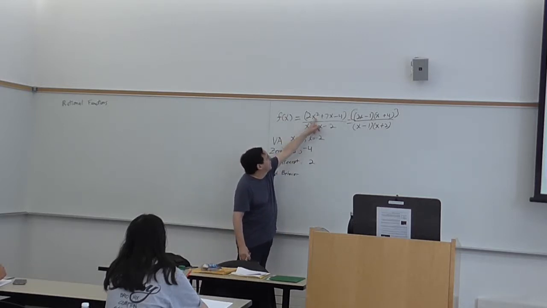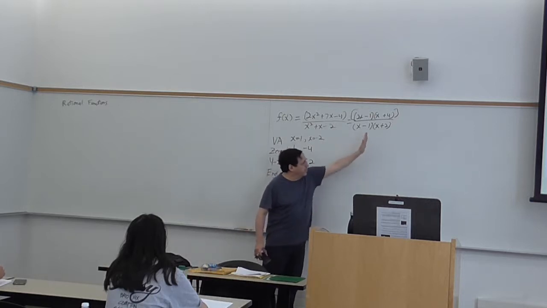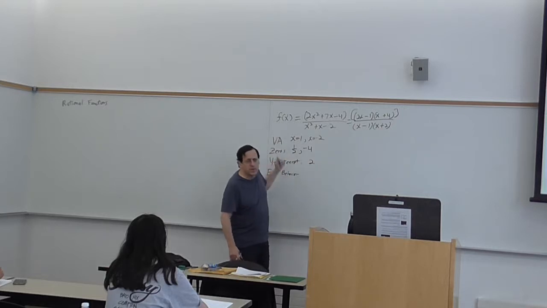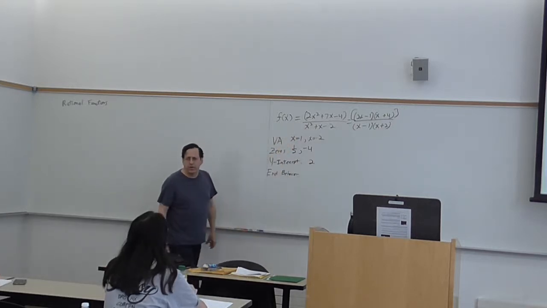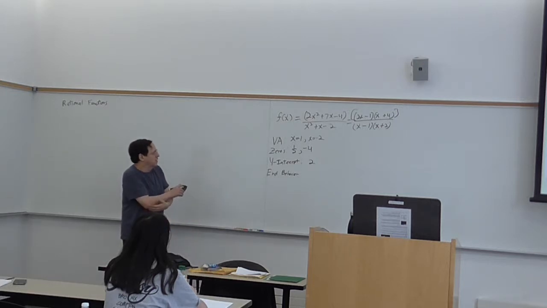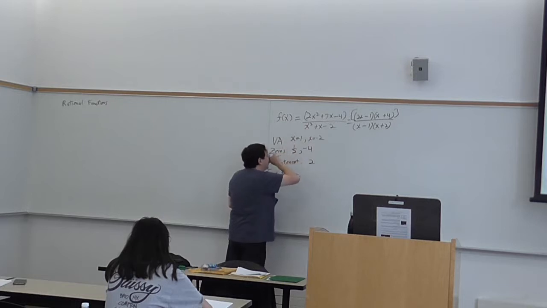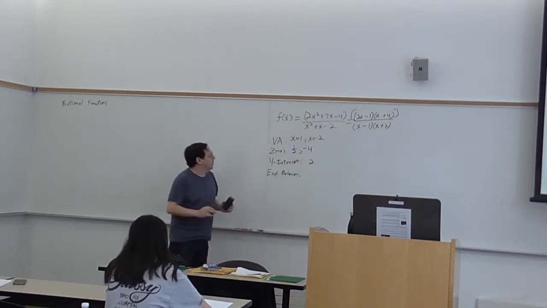And if it's something like 2x or x cubed, that means it's acting like a regular polynomial. If it's odd, it goes up and down, and if it's even, it goes up and up, unless the coefficient is negative, then it's upside down. What happens if this is going to a constant? What happens then?